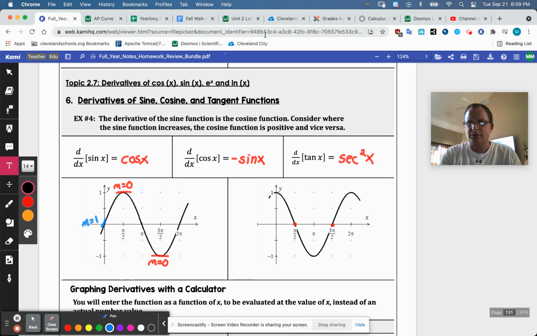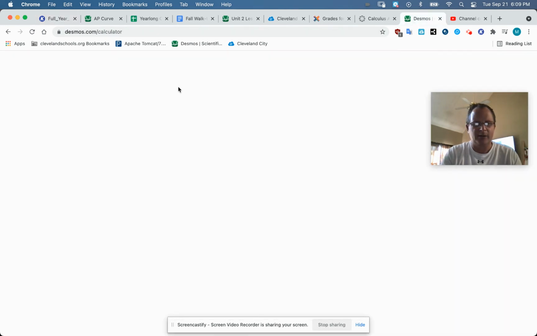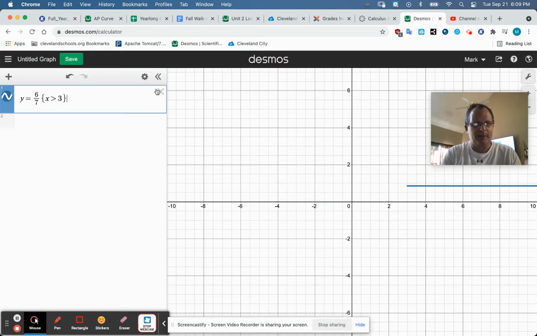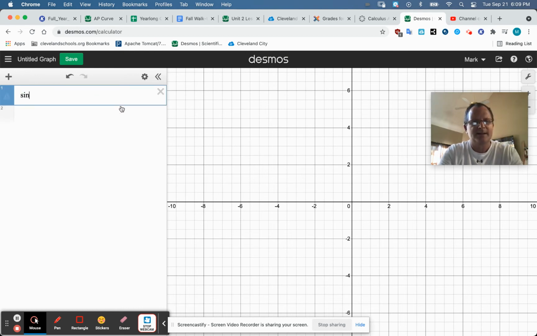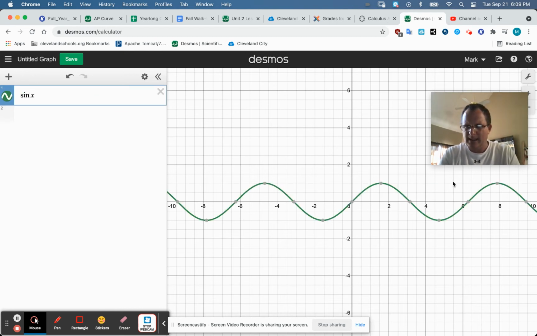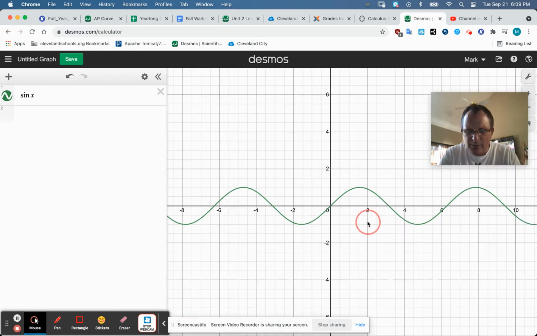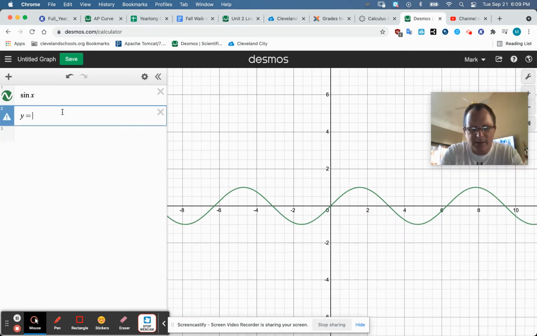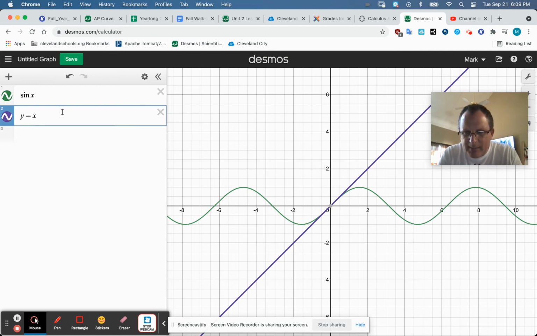Maybe I'll show you that real quick so you can believe. So bye-bye to this one from earlier, sine x. And the scale here is pretty good. So if I draw y equals x with a slope of 1, that kind of makes sense, right? That's what we're looking at there.